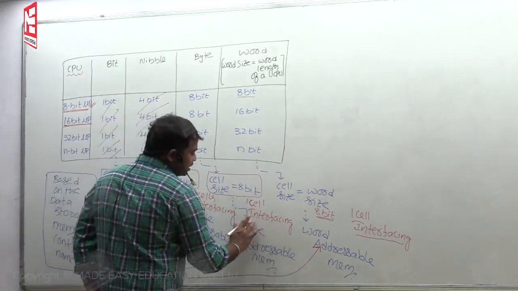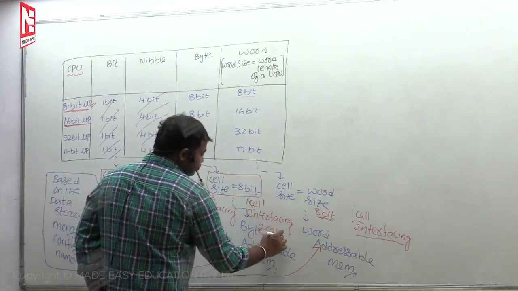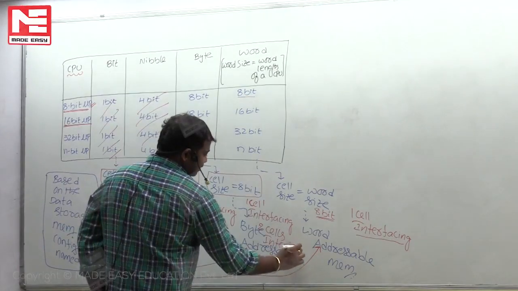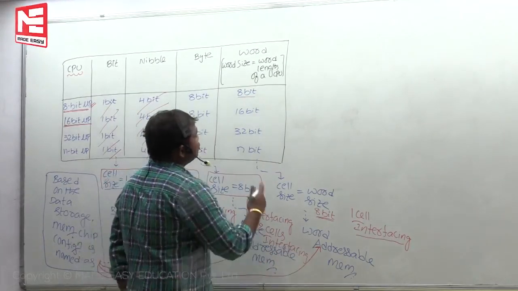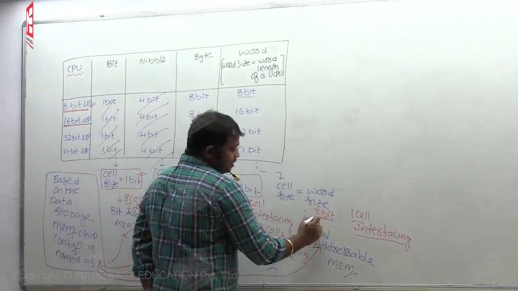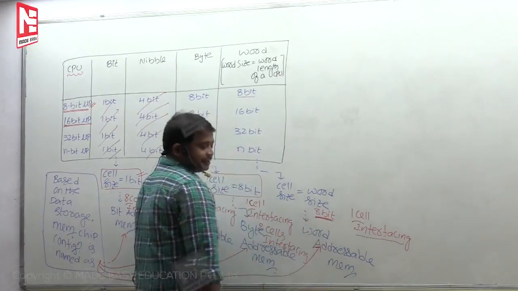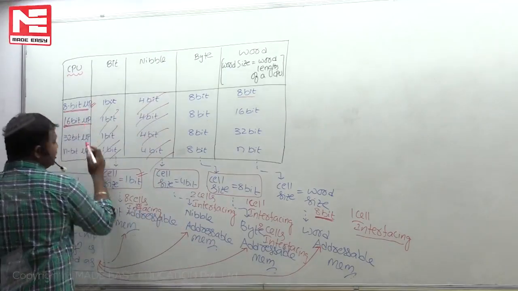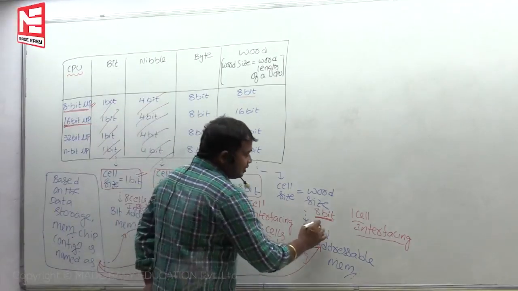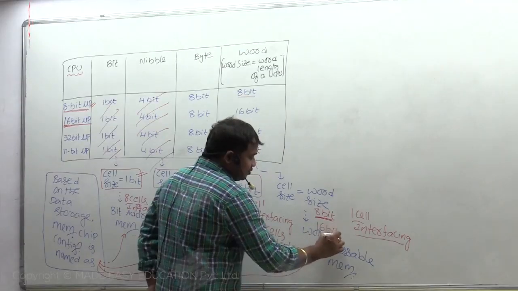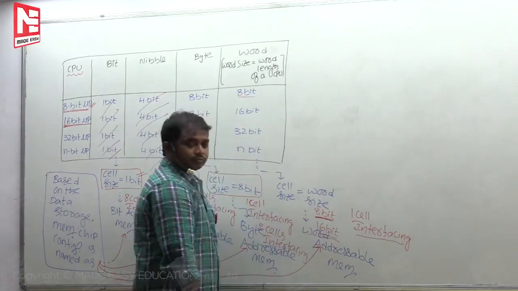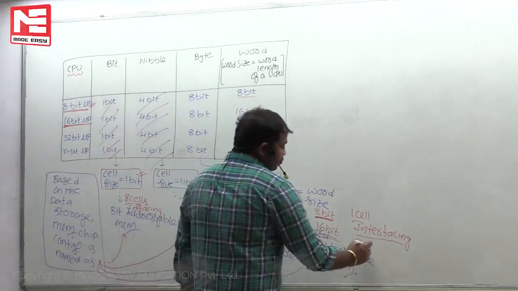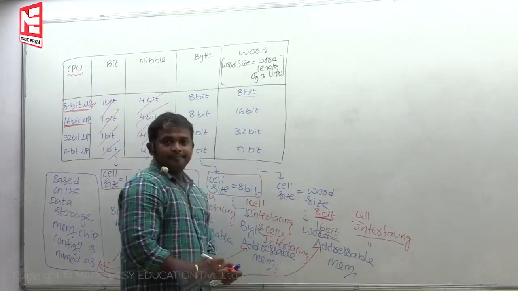Therefore, here 2 cells interfacing is required. But come to the word addressable memory, here cell contains 8 bits, but word length will be changed to 16 bits. Then what we need to do? We need to customize the memory cell with 16 bits. So 1 cell interfacing required.